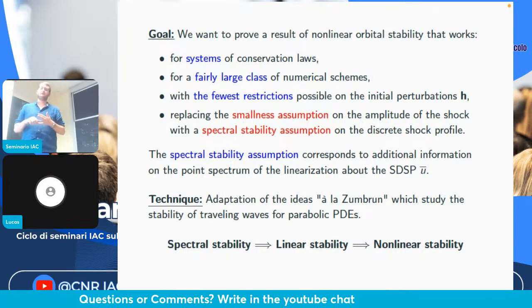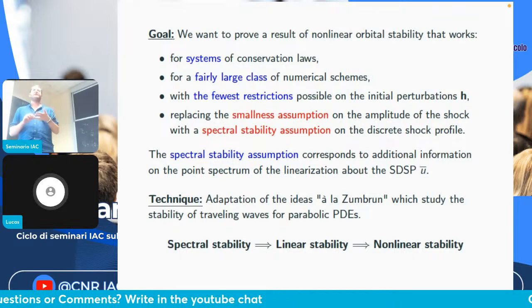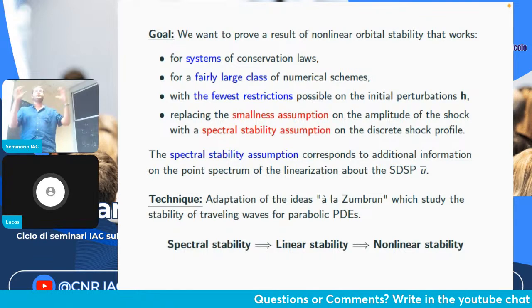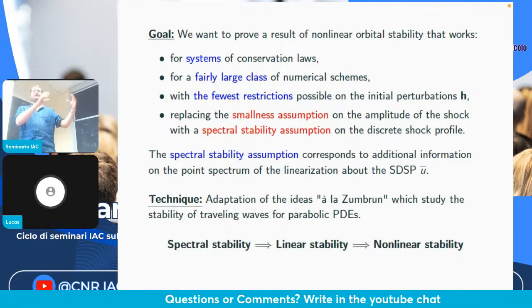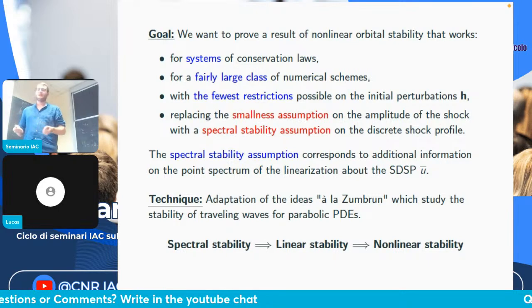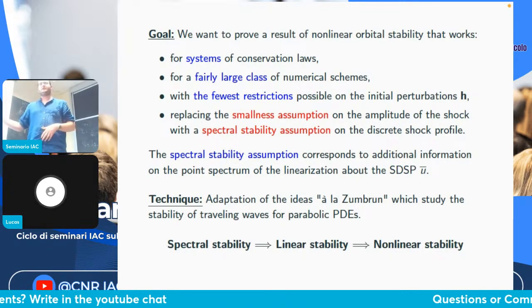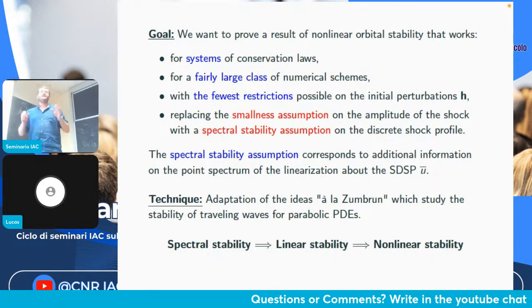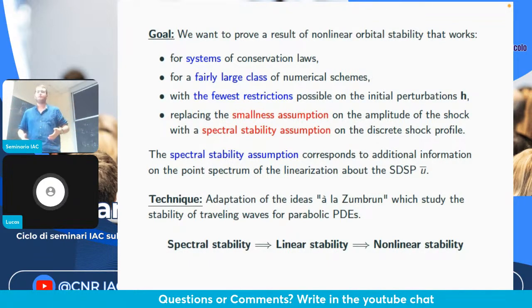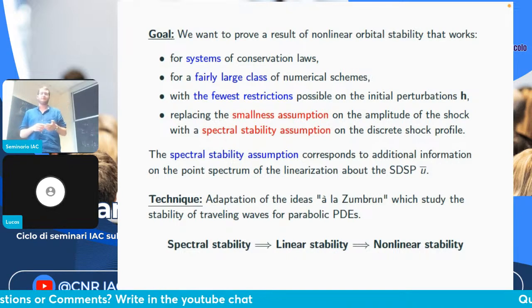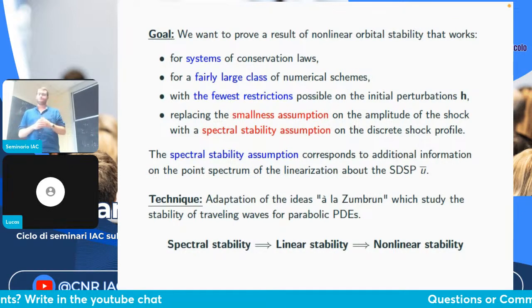So the goal set by Denis in 2007 in a review of discrete profiles was to remove this weakness assumption and replace it by some spectral stability assumption on the discrete profile. I will describe what discrete spectral stability is just after, but it essentially amounts to putting an additional restriction on the point spectrum of your discrete profile.